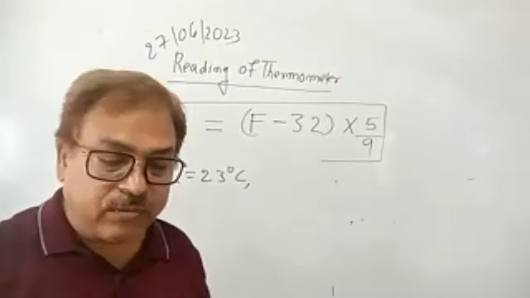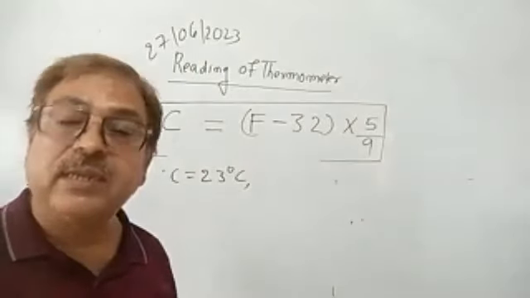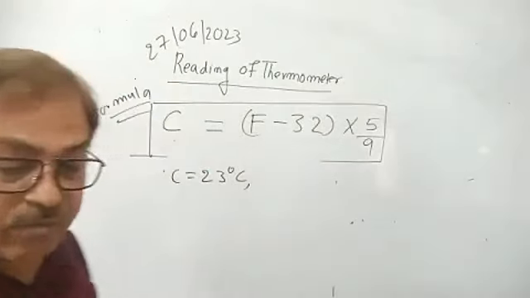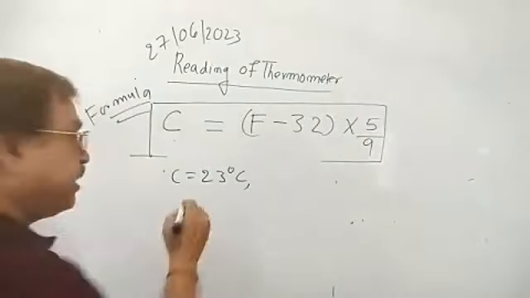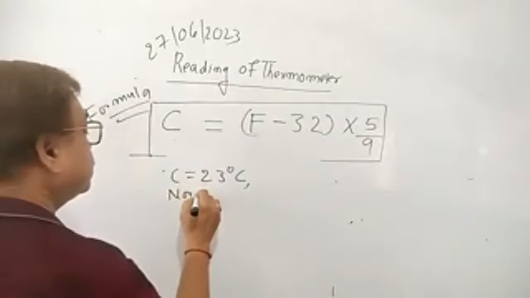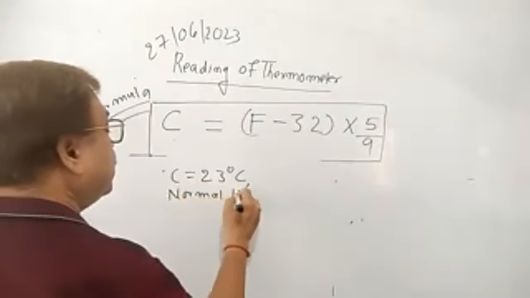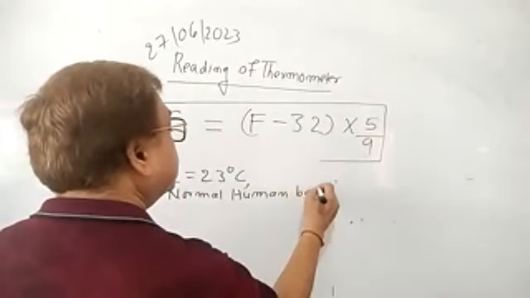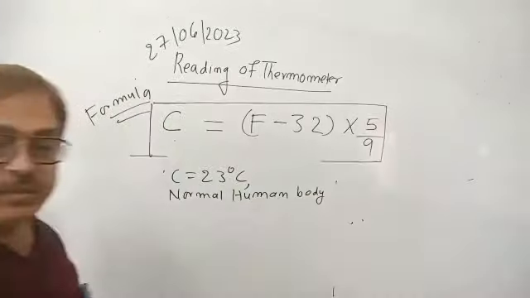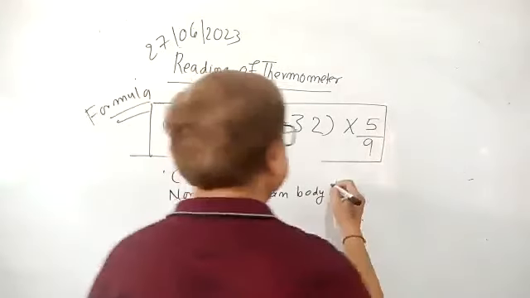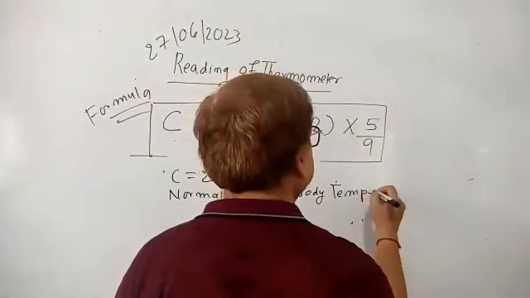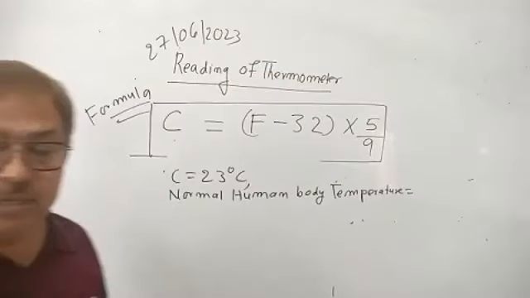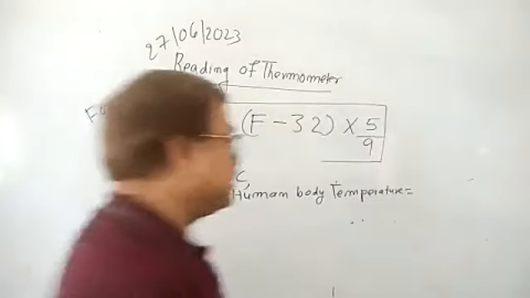Similarly, you can also calculate normal human body temperature. Normal human body temperature you can write in Celsius as 36.9 degrees Celsius.